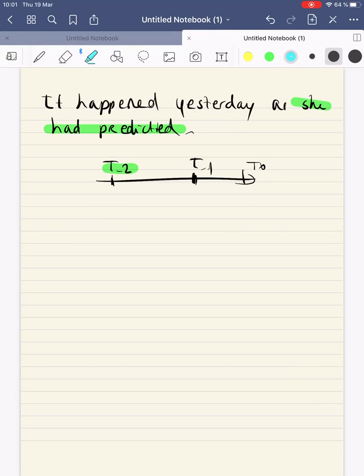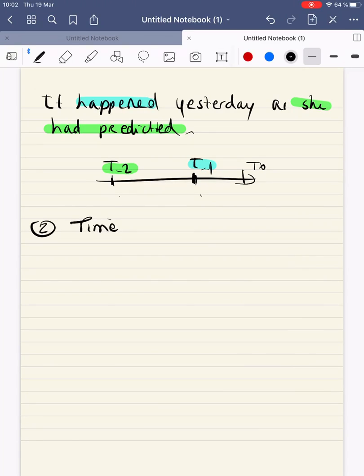So once again, she had predicted it was here. It happened. It's here on our timeline. I impressed Tom because I had published a book. He was impressed because before I had published a book. So it's really like T1 results on T minus 2 results on T minus 1.